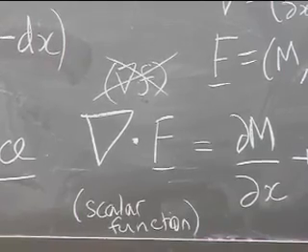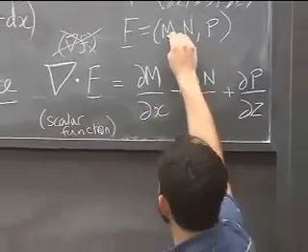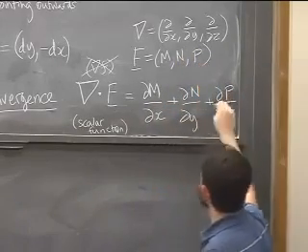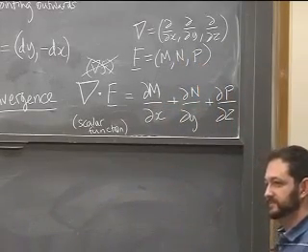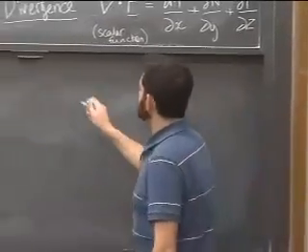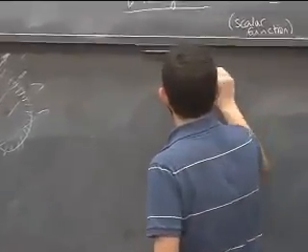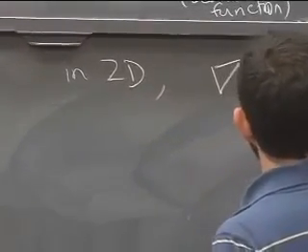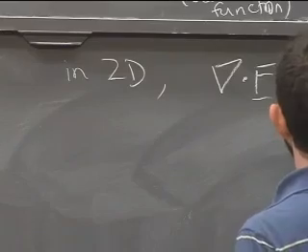What it means is you just take the x component and differentiate it with x, plus the y component with y, plus the z component with z. What's the physical interpretation of that? Well, let's see it in 2 dimensions in a few seconds. So in 2D, the divergence is dM/dx plus dN/dy.